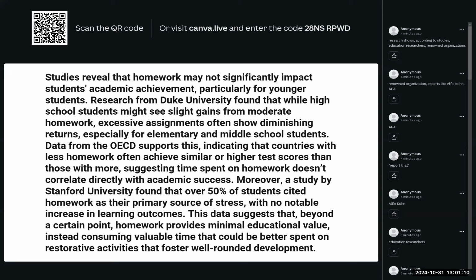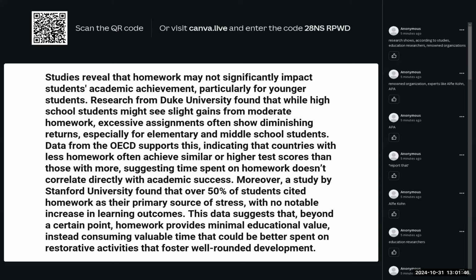Research from Duke University found that while high school students might see slight gains from moderate homework, excessive assignments often show diminishing returns, especially for elementary and middle school students. Data from the OECD supports this, indicating that countries with less homework often achieve similar or higher test scores than those with more, suggesting that time spent on homework doesn't correlate directly with academic success.